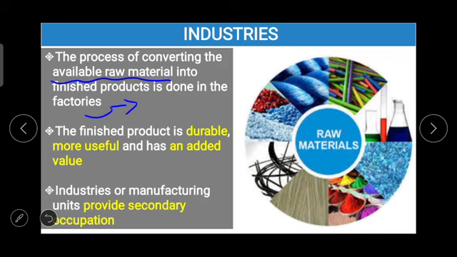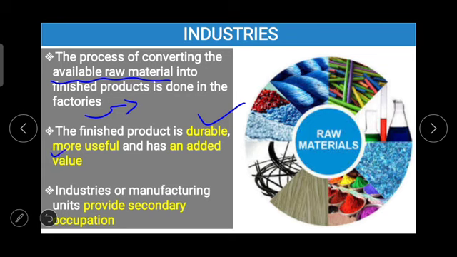And now again the answer of our question, why is it necessary to convert the raw material into finished product? Because the finished product is durable, which means it can last for a long period of time, which is more useful.